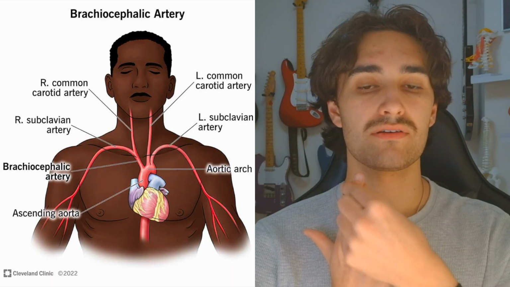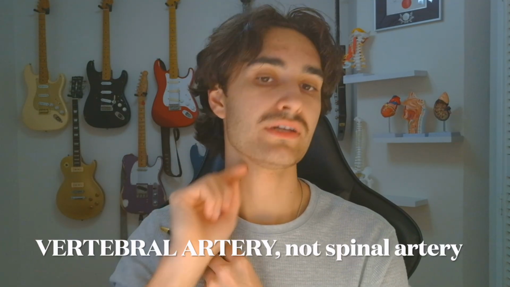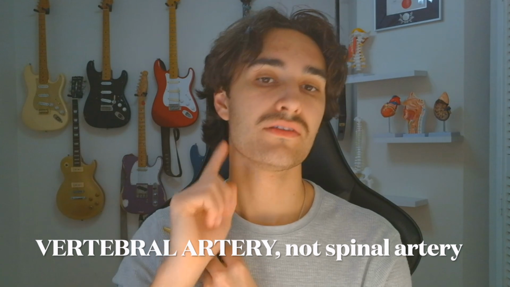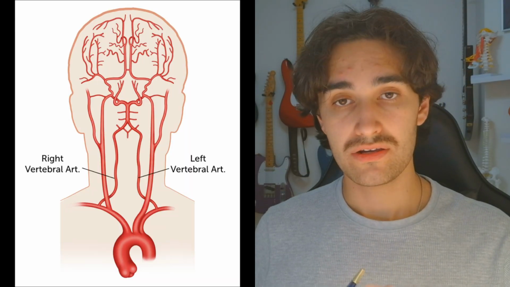The right common carotid bifurcates into an internal carotid artery, which supplies the brain, and an external carotid artery, which supplies the head and the face, excluding the brain. The right subclavian artery gives off a branch called the vertebral artery, which enters the brain as well, along with the internal carotid artery.